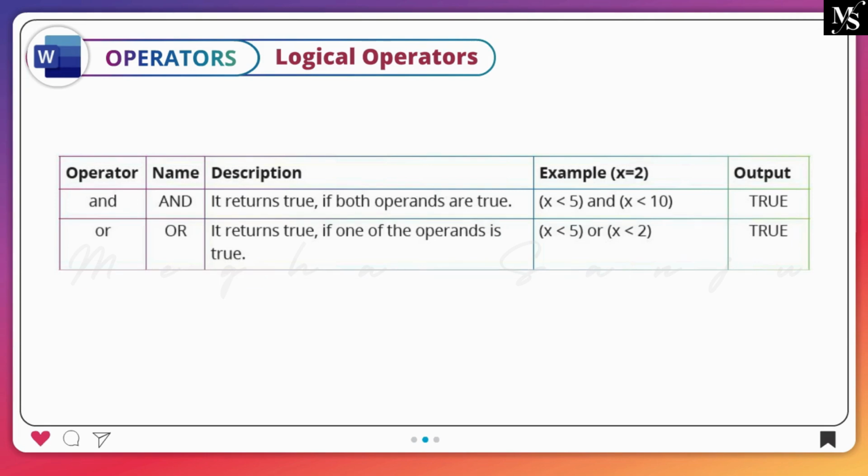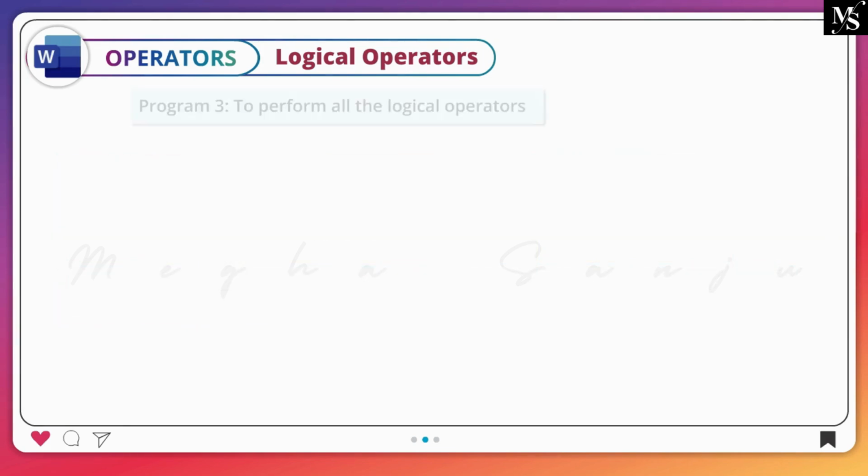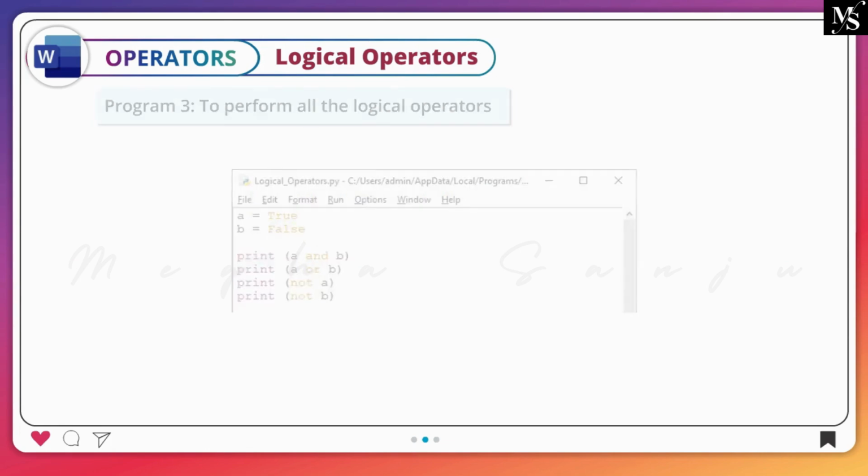It returns true if one of the operands is true. x less than 5 or x less than 2, true. Not. It reverses the result, returns false if the result is true or vice versa. Not x less than 5 and x less than 10, false. Program 3. To perform all the logical operators.